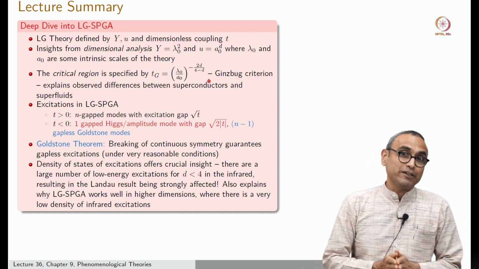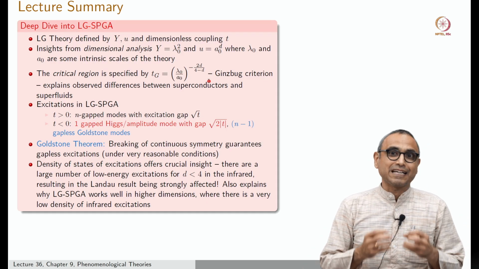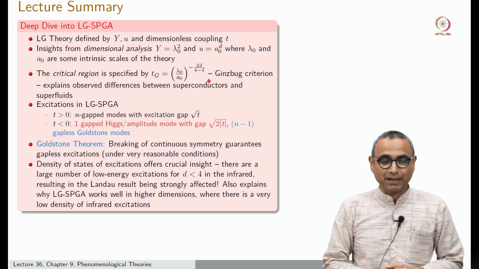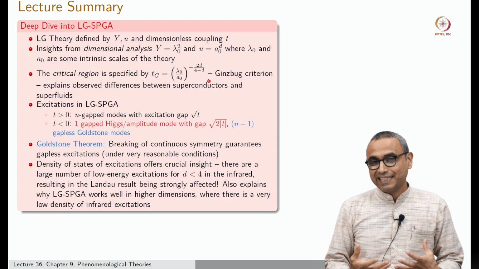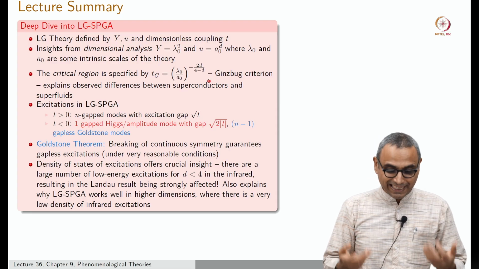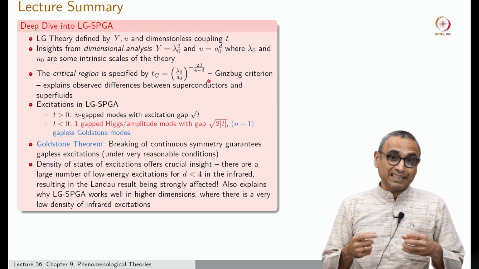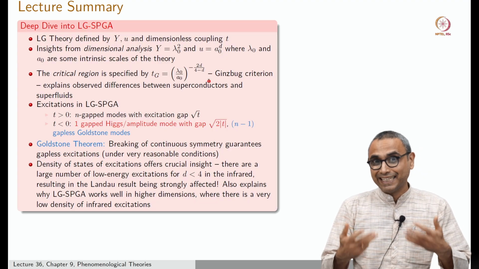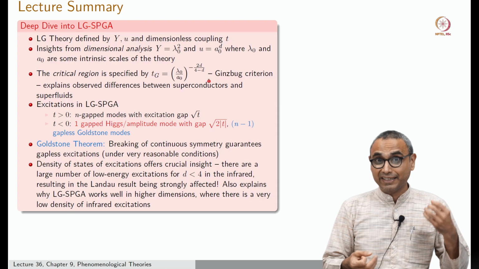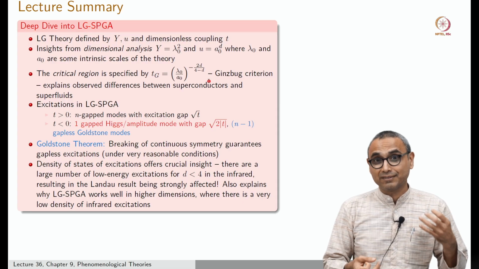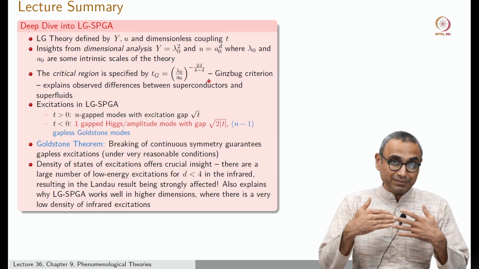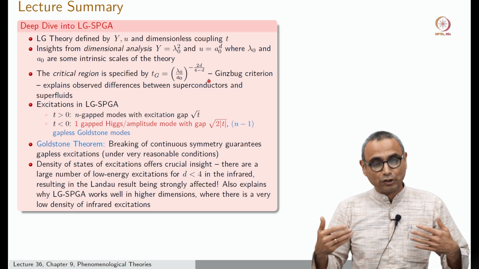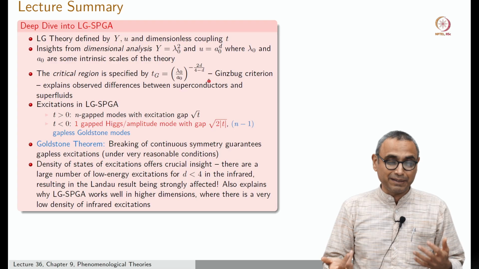And then we went on to explore a very physically appealing idea of the density of states of these excitations above the saddle point, and we were able to uncover this very nice result that there is a significant set of low energy excitations accessible to the system in d equal to 1, 2 and 3, and they become increasingly smaller, and they sort of become non-existent in higher dimensions.